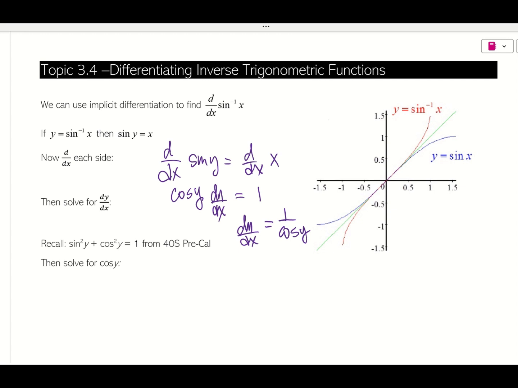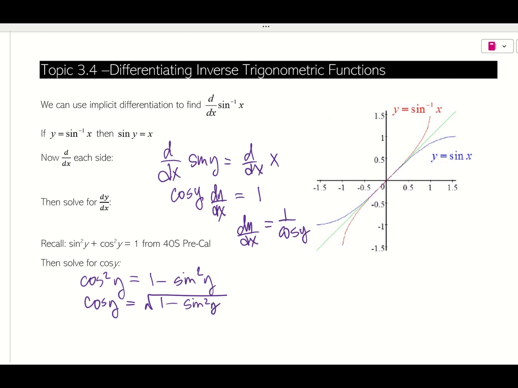If we solve for cos y, we get cos squared y equals 1 minus sine squared y by just moving the sine over. And then cos y would be the square root of 1 minus sine squared y.